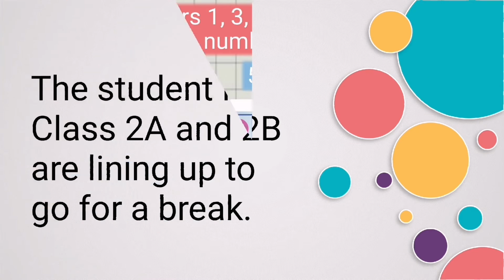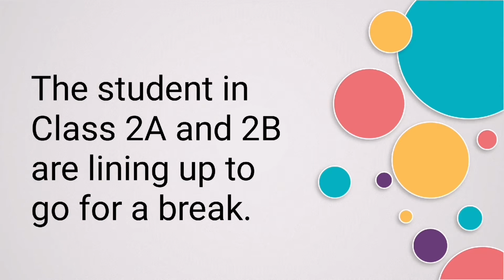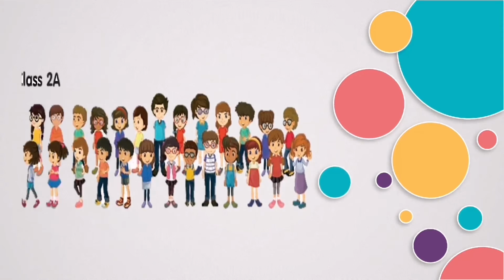Okay, so I have here another example. The students in class 2A and 2B are lining up to go for a break. Let's take a look at class 2A. So here are the students of class 2A. Did you notice that they are lining up by pair?